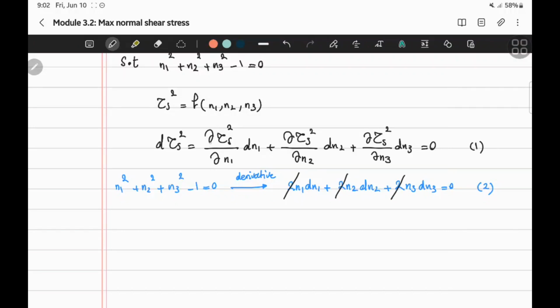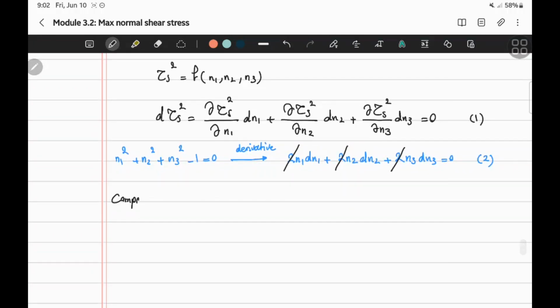you see that the partial derivative of tau s squared with respect to n1 is equal to a multiplier, I can put any number here, times n1.